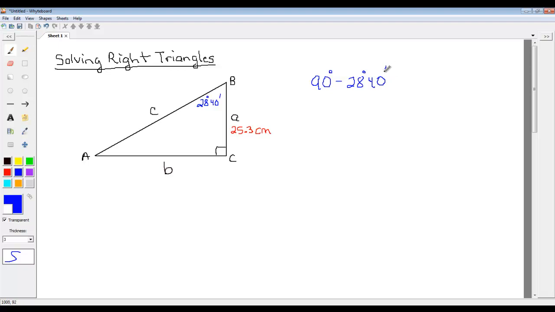There are 60 minutes in a degree, so we can change 90 degrees to 89 degrees 60 minutes, and then subtract 28 degrees 40 minutes. 60 minus 40 gives us 20 minutes, and 89 minus 28 gives us 61 degrees. So angle A is 61 degrees 20 minutes.